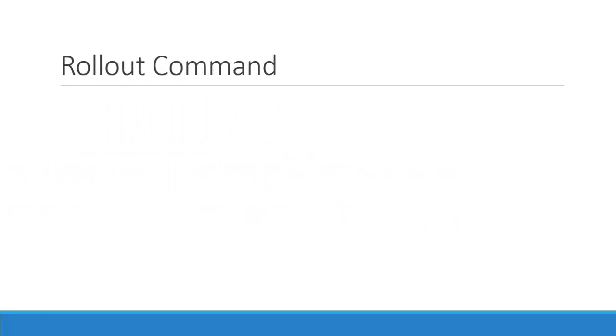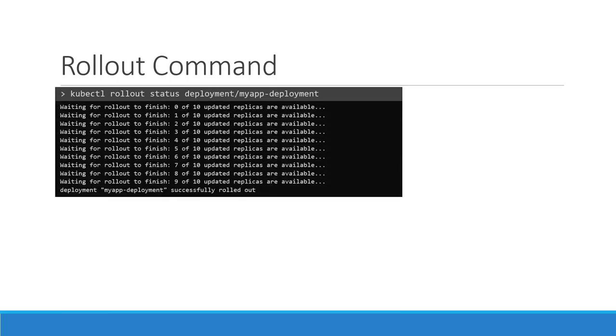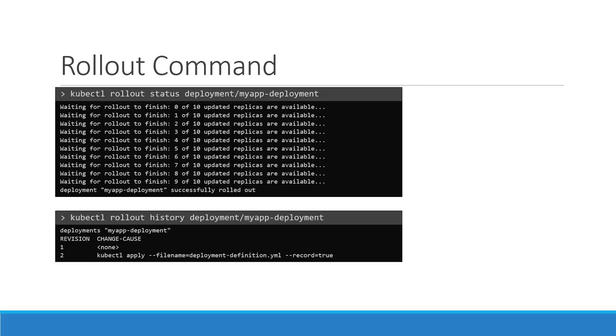You can see the status of your rollout by running the command kubectl rollout status followed by the name of the deployment. To see the revisions and history of the rollout, run the kubectl rollout history command followed by the deployment name, and this will show you the revisions and history of our deployment.